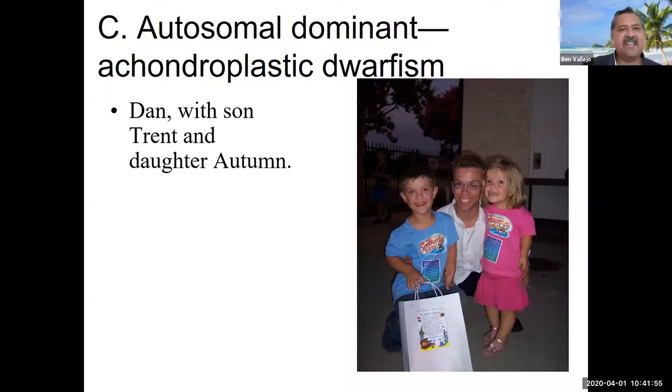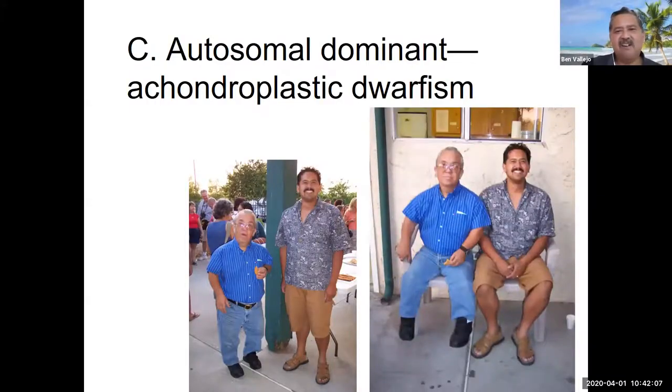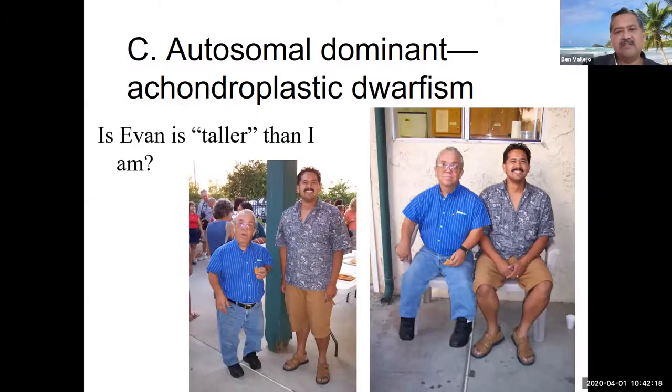Here are Dan's kids, Trent and Autumn, who are both little people as well. Here's me and Evan. Evan used to kid with me and say, "Hey, I'm naturally taller than you are. We sit down." Because people with this type of dwarfism, achondroplastic dwarfism, their limbs are shorter, but their torsos are not affected. Is Evan taller than I am when we sit up?